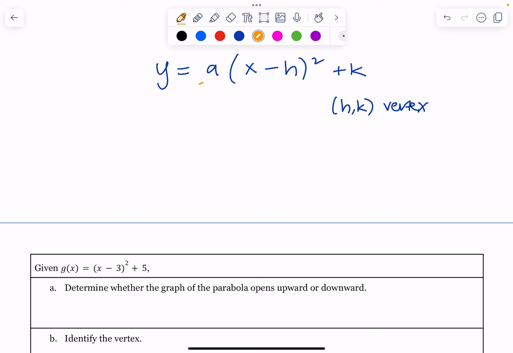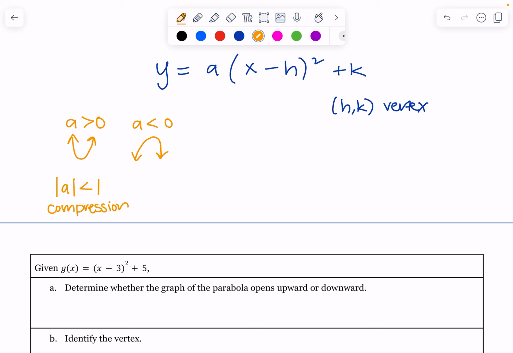When a is greater than 0, that means my graph is opening up. And when a is less than 0, that means my graph is opening down. When the absolute value of a is less than 1, that means my graph is compressed, meaning it's getting flatter.